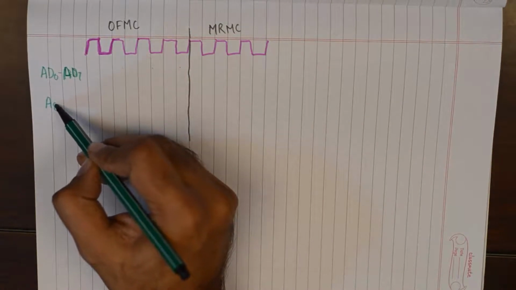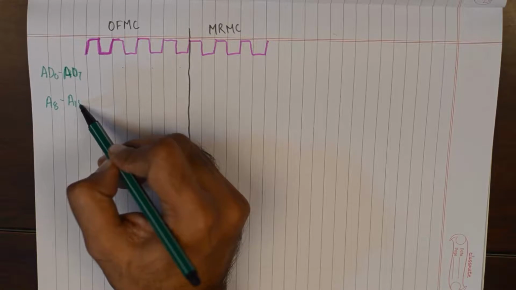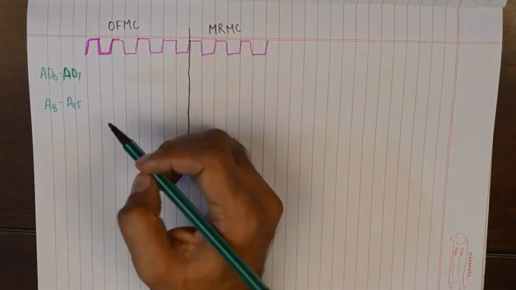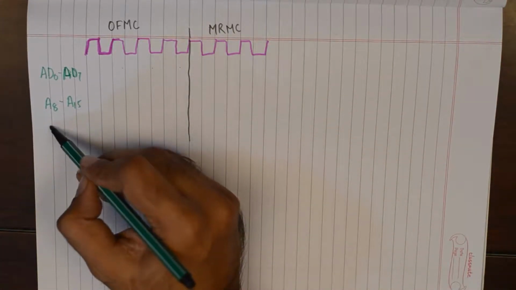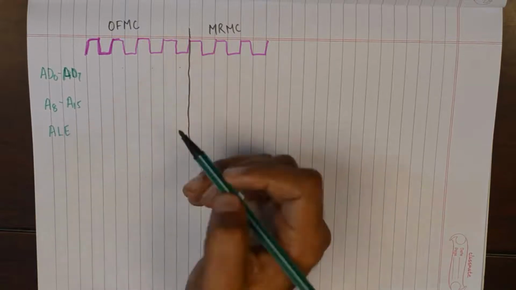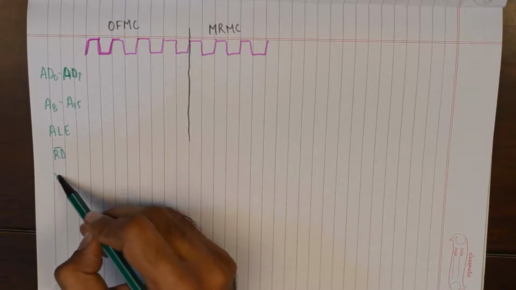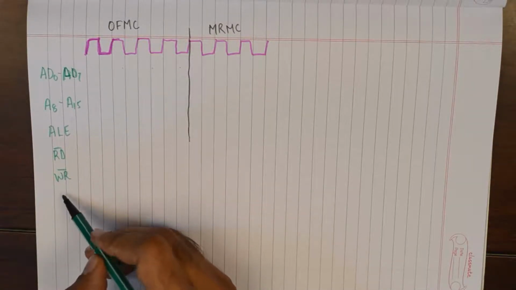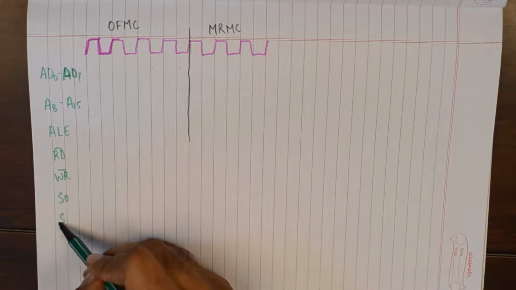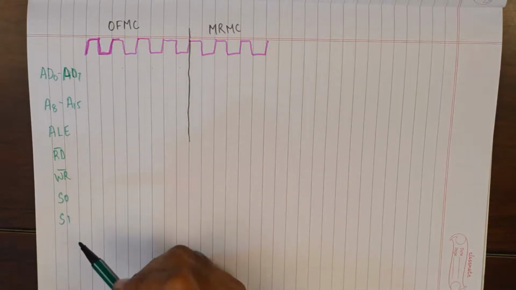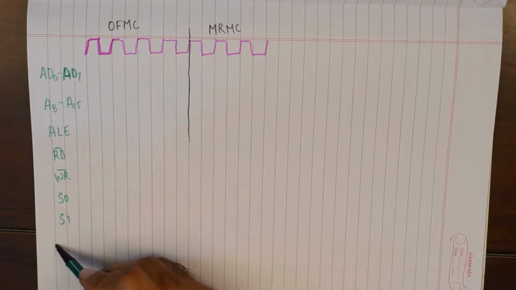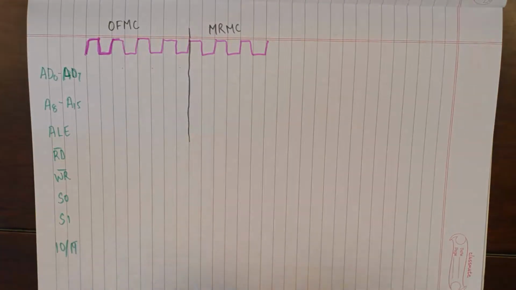Then A8 to A15 are simple. Then we have address latch enable. Then we have read, write, status S0 and status S1, and then IO/M. So we'll draw the status of all these pins for the 7 T states.